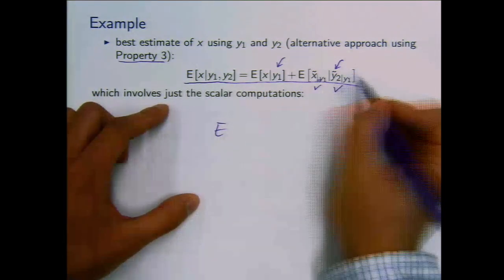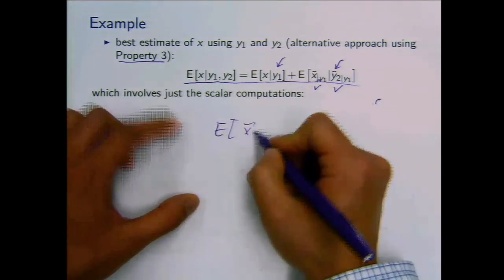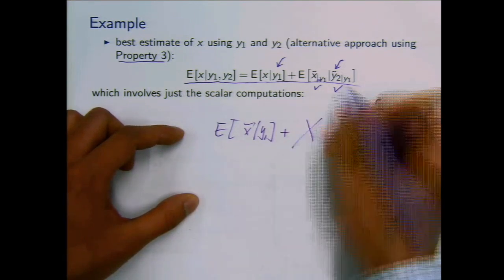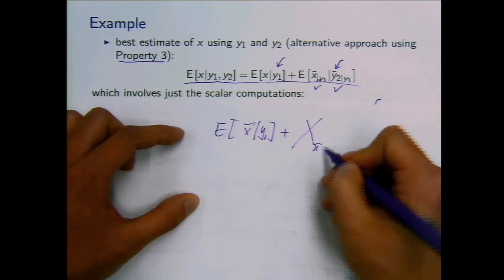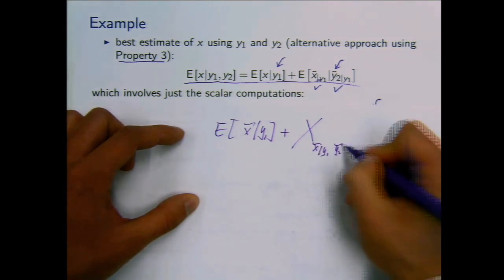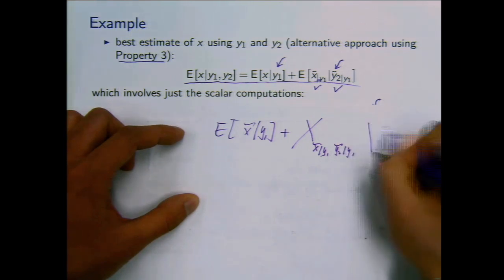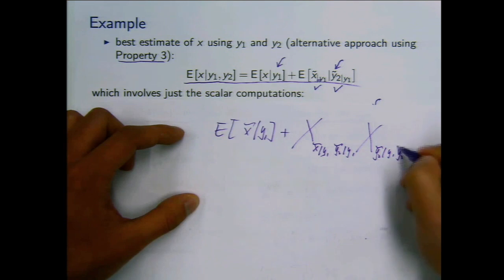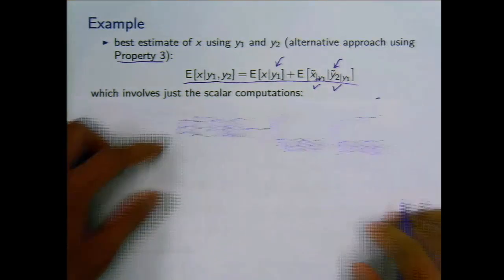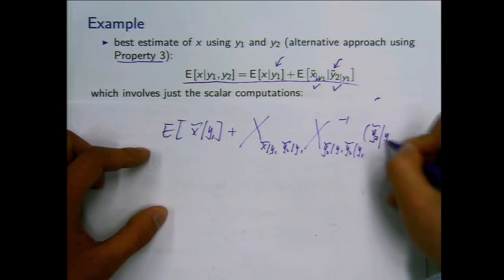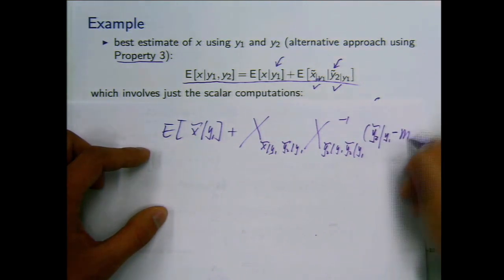This is going to be equal to x tilde conditioned on y1, plus the cross covariance between x tilde y1 and y2 tilde y1, times the inverse, times y2 tilde y1 minus the mean of this.